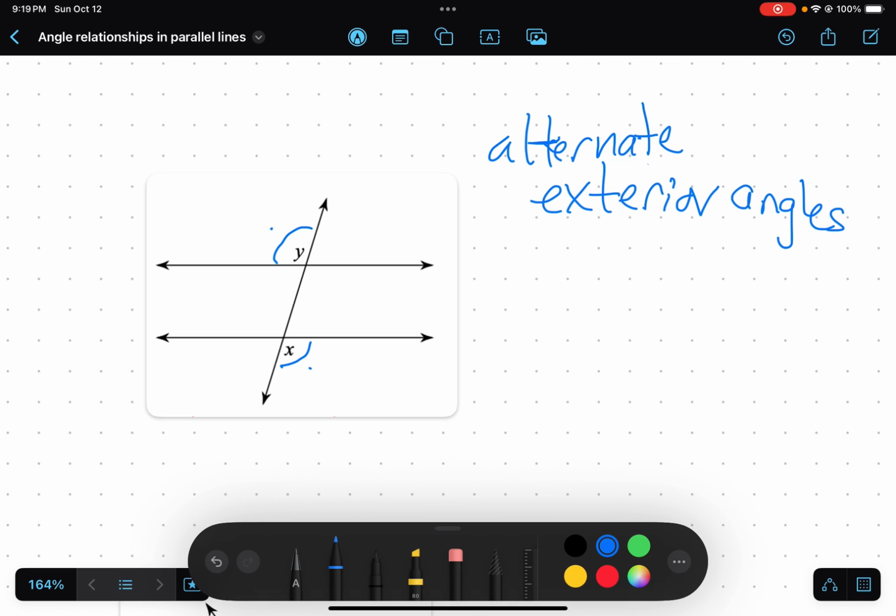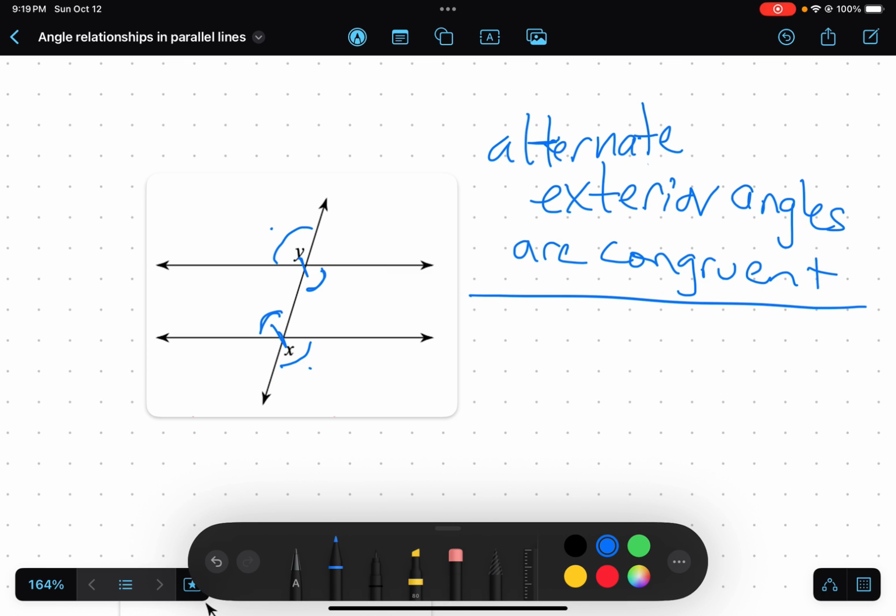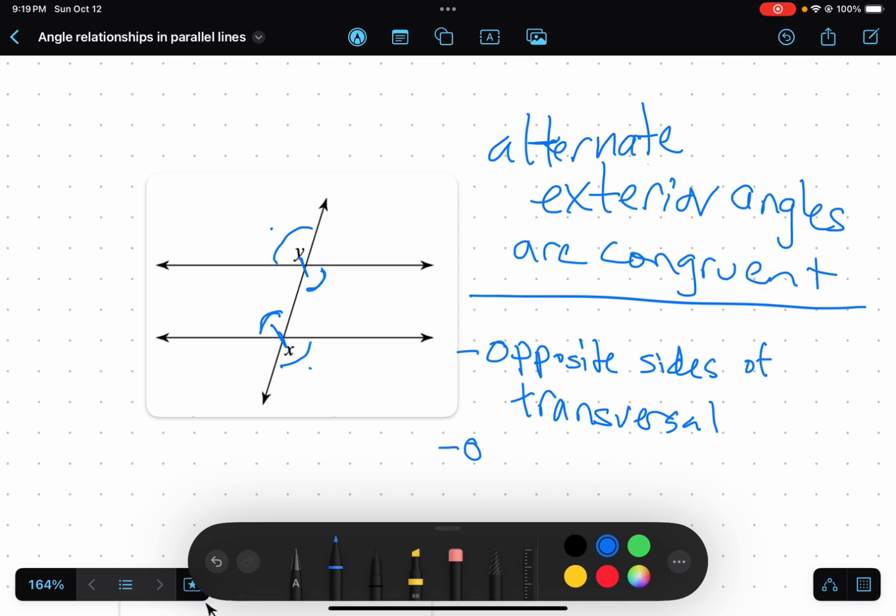And we can see by remembering about our alternate interior angles and our vertical angles, these are also congruent. And alternate means they're on opposite sides of the transversal. And they're outside of the parallel lines.